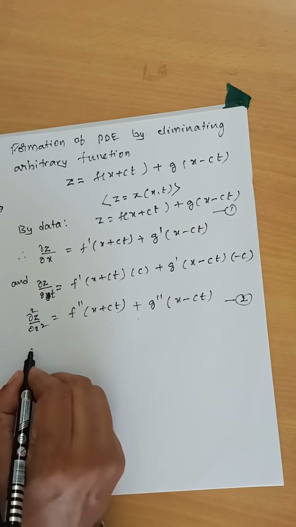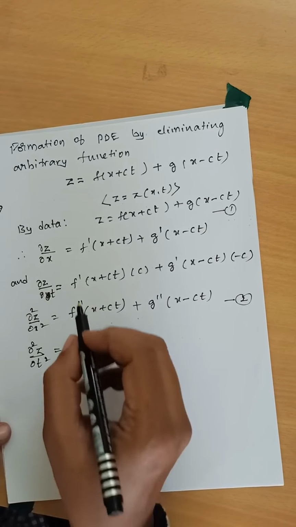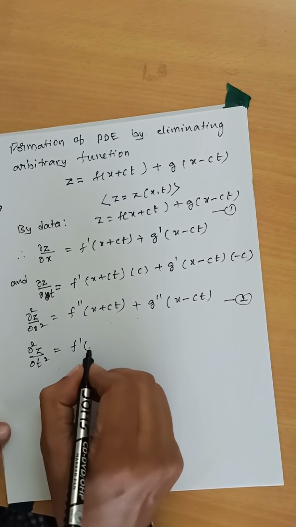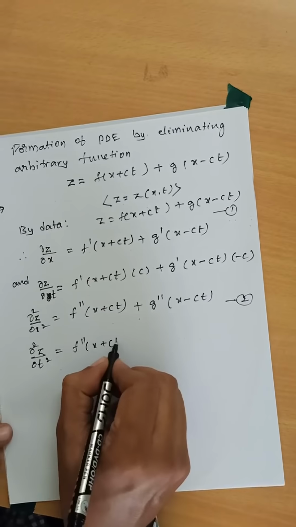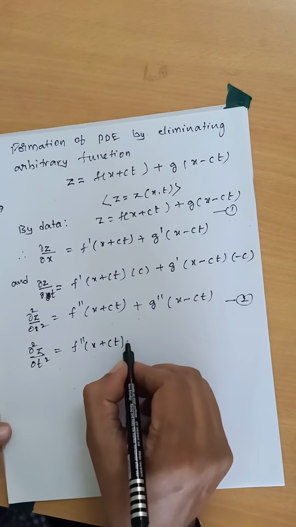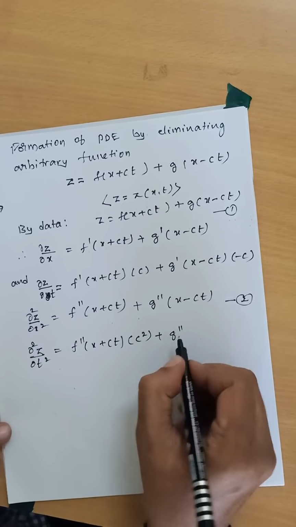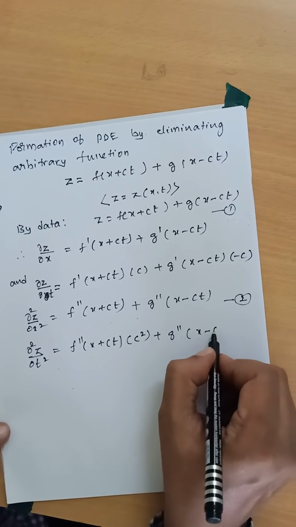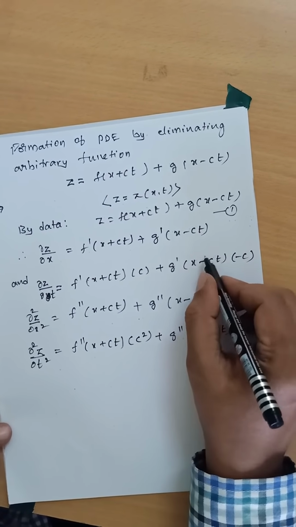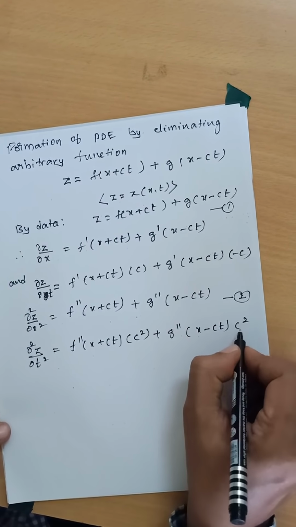Next, you go for finding dou square z by dou t square, which means we differentiate again with respect to t. f double dash of x plus ct with respect to t is c into c, that is c square, plus g double dash of x minus ct with respect to t is minus c into minus c, minus into minus is plus, that is c square.